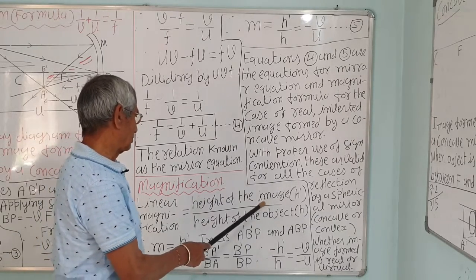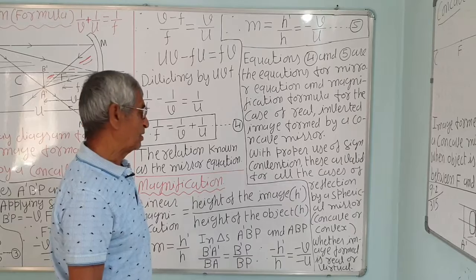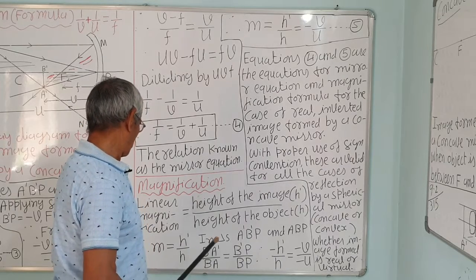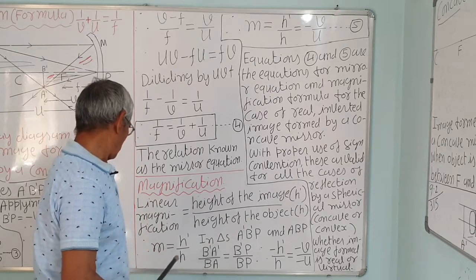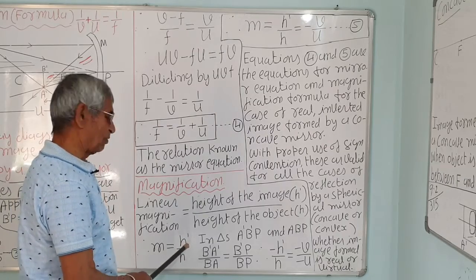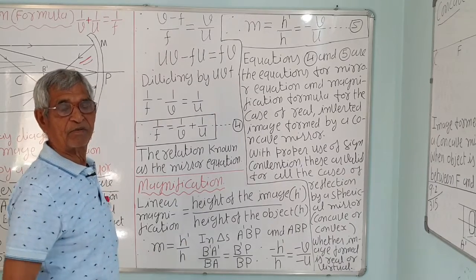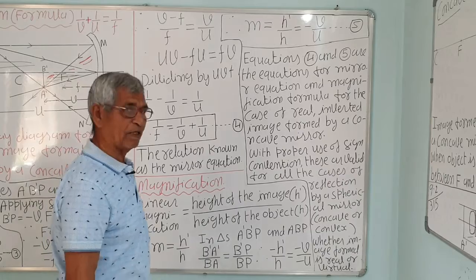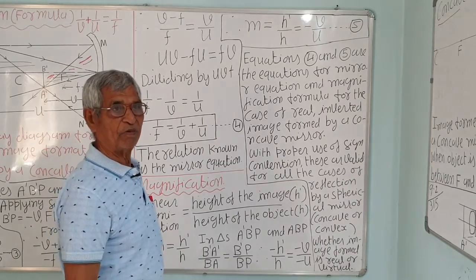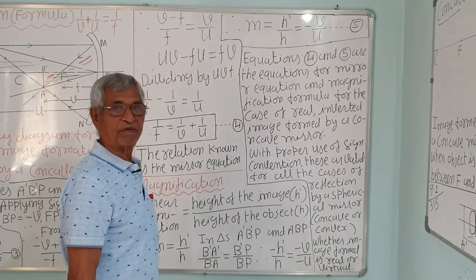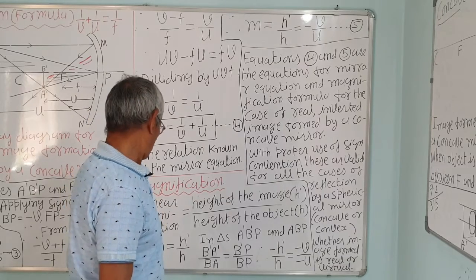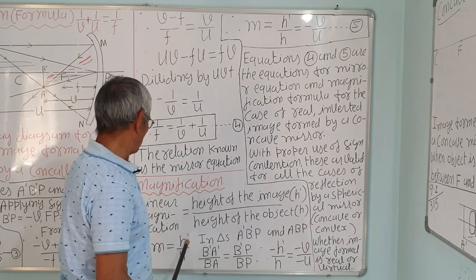Suppose the image is 2 times longer, then it will be 2 times longer than the object. So if the height of the image is h dash and the height of the object is h, then magnification m, the symbol of magnification is m, is equal to h dash upon h. And that is equal to the image distance.